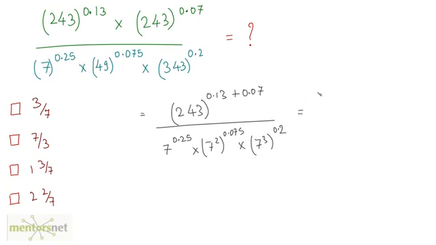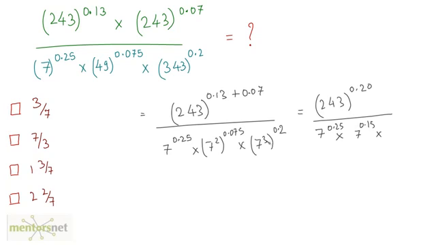So this is equivalent to 243 raised to 0.13 plus 0.07 is 0.20 divided by, we have 7 raised to 0.25 multiplied by 0.075 times 2 is 0.15. So 7 raised to 0.15 times 3 2s are 6.